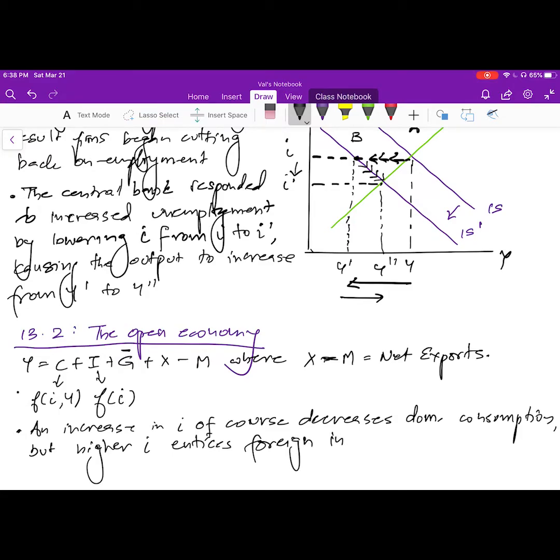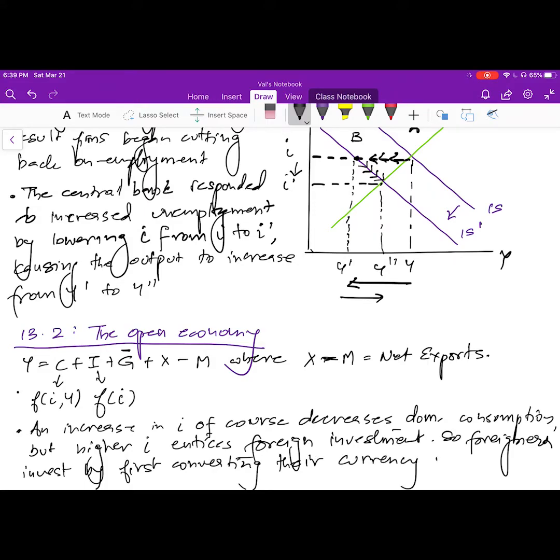Because foreigners now want to earn higher interest rate. So foreigners invest by first converting their currency into the home country's currency.